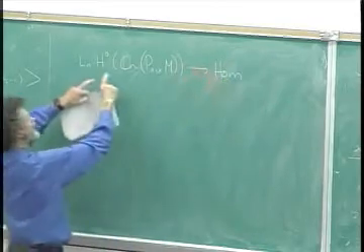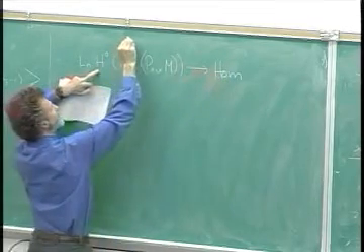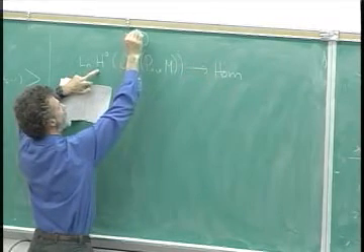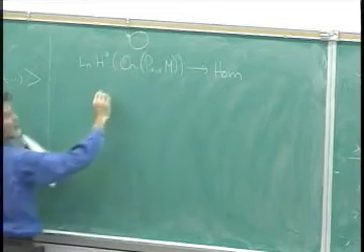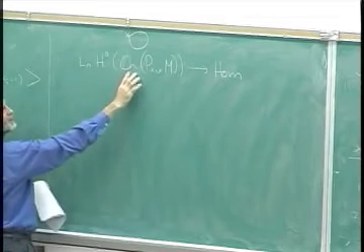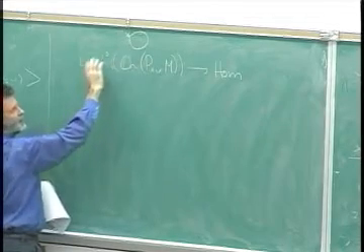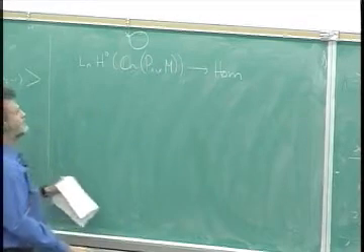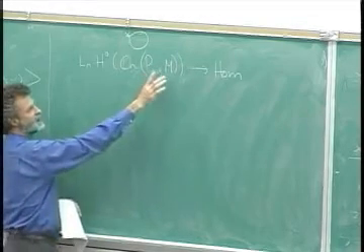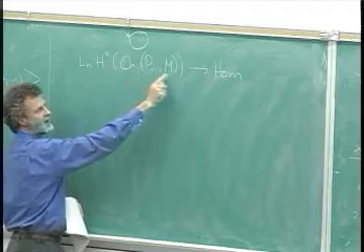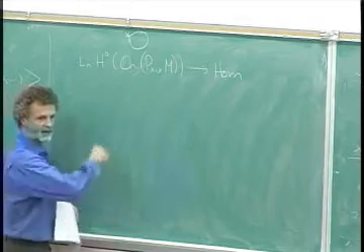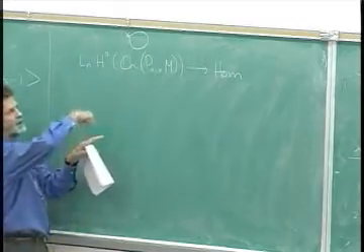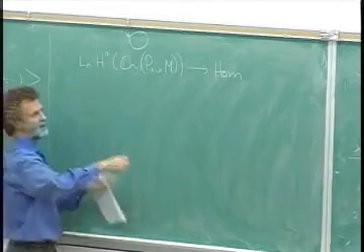So H0 means these are the iterated integrals whose value on a path or on a loop only depends on the homotopy class of the loop, right? So these are the homotopy functionals, or if you like, they're the locally constant functions on the loop space. The path connected components of this are exactly pi 1, right? Because two loops are in the same path component if and only if they're homotopic.